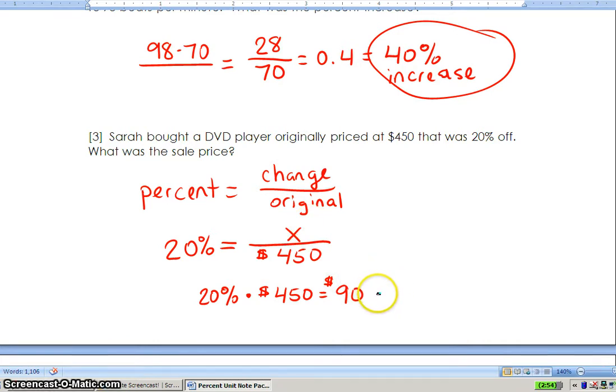So $90 is the decrease. The question asks us, what was the sale price? Is the sale price 90? Nope, 90 is the decrease. Is the sale price 450? No, that was the original price. So the last thing we need to do is subtract 450 minus 90, and we get $360. Awesome job, guys.